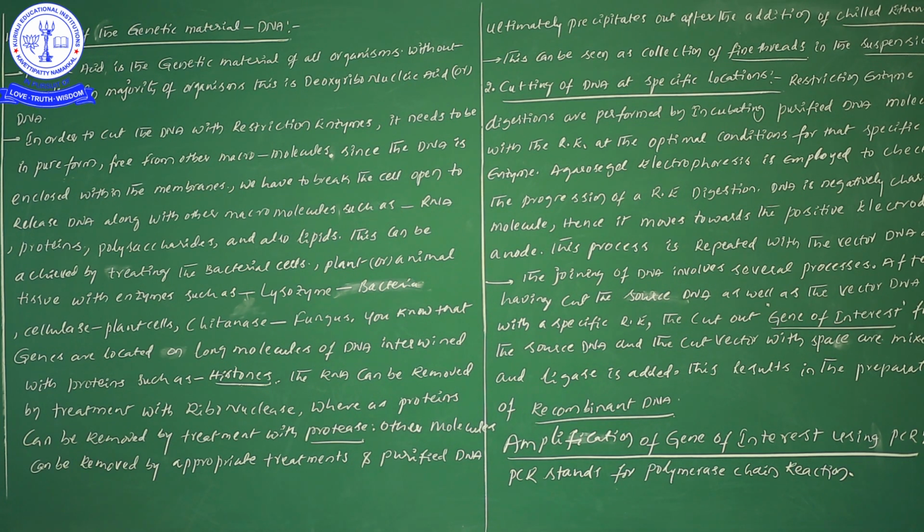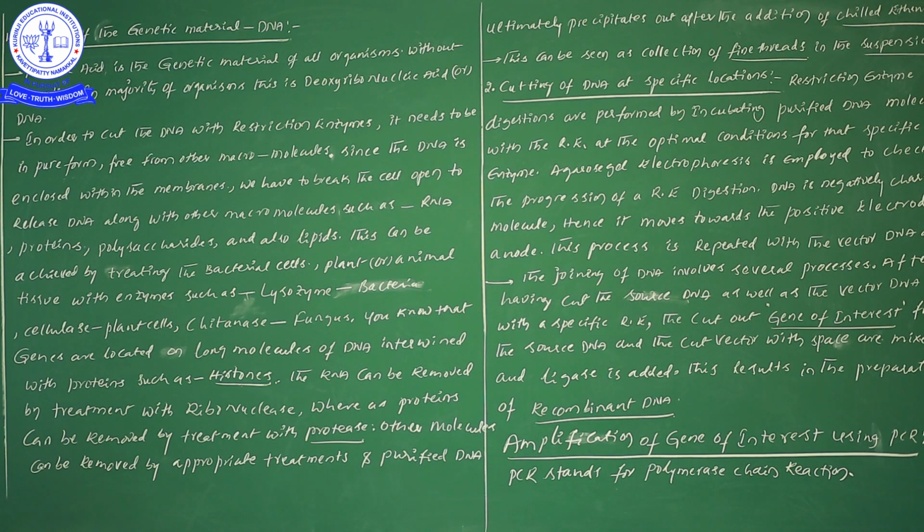Why? Because in the packaging of the DNA helix we have seen histone proteins. There are different types of histone proteins, H2A, H2B, H3, H4, likewise. So for the coiling of DNA, histone proteins are definitely required. That point we have seen.